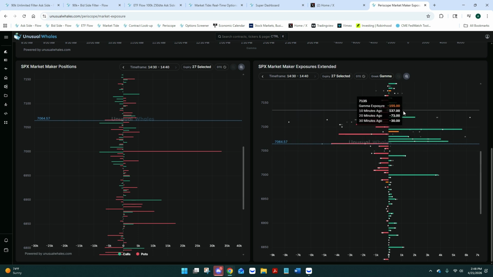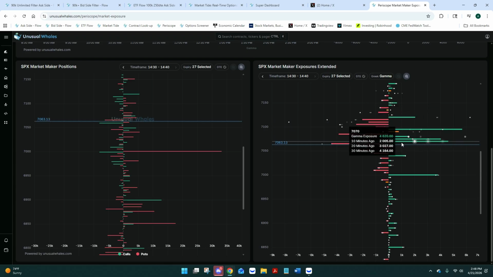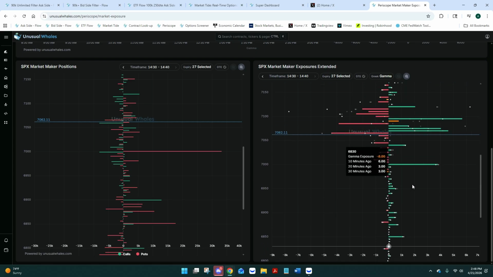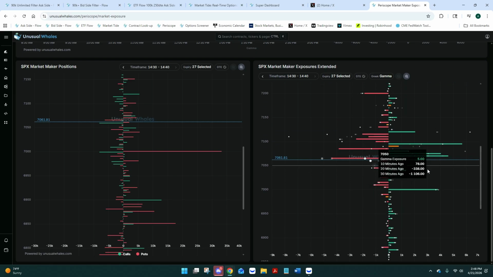Right now, it's a month's worth of data that changes all the time, but I'm seeing a lot of calls coming off that 7120. That 7095 is getting a little action too, but if I keep seeing stuff grow down here, maybe I want to scalp out here.